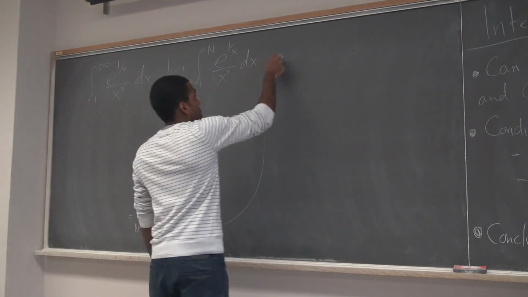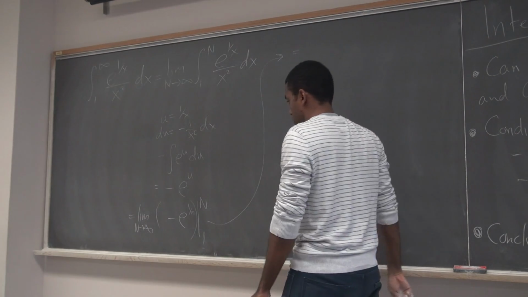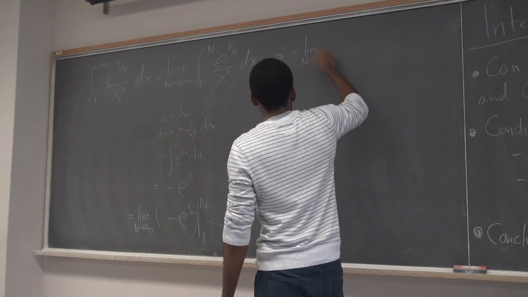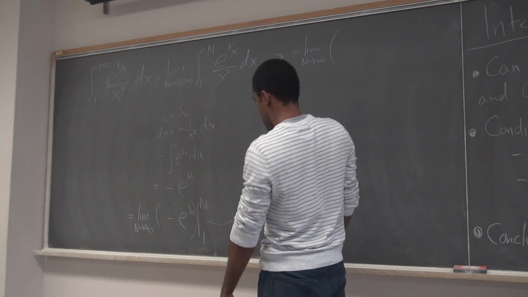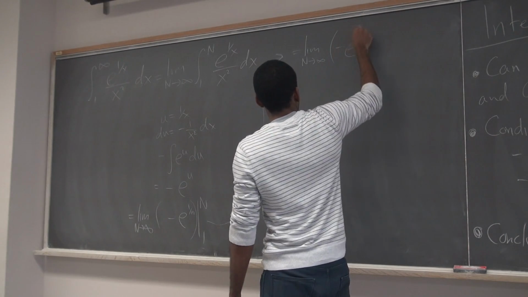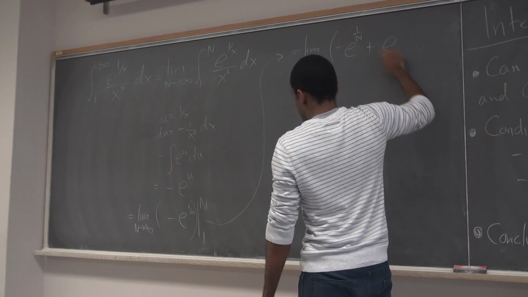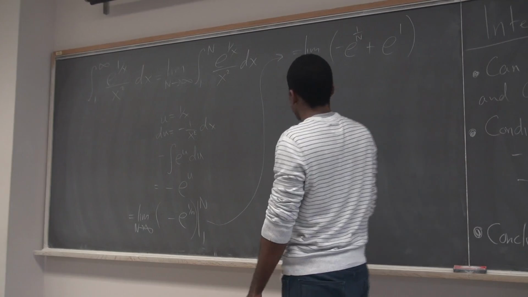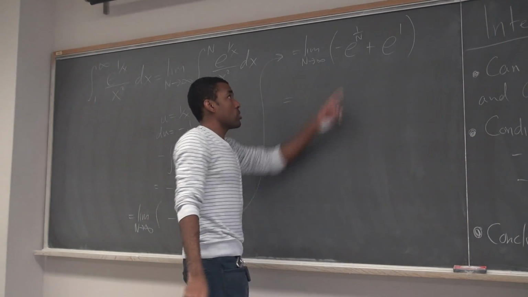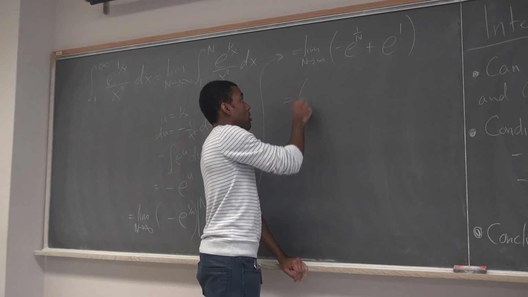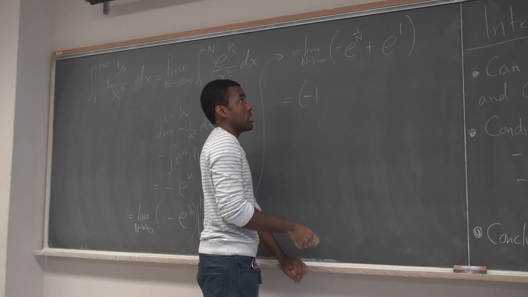Right? Now what do I have? I plug this guy in. So it's the limit as n goes to infinity of minus e to the 1 over n plus e to the 1. Now as n goes to infinity, what happens to this? It goes to 1. N goes to infinity, what happens to that?